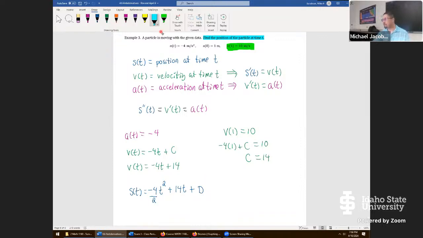Once we did that, we go back up here. Here's the next most interesting initial value given. Position at time 0 is 1 meter. If it was a race, that would mean that this athlete has got a huge head start or is cheating, 1 meter ahead of everyone else. So we'll say here, S of 0 is 1.